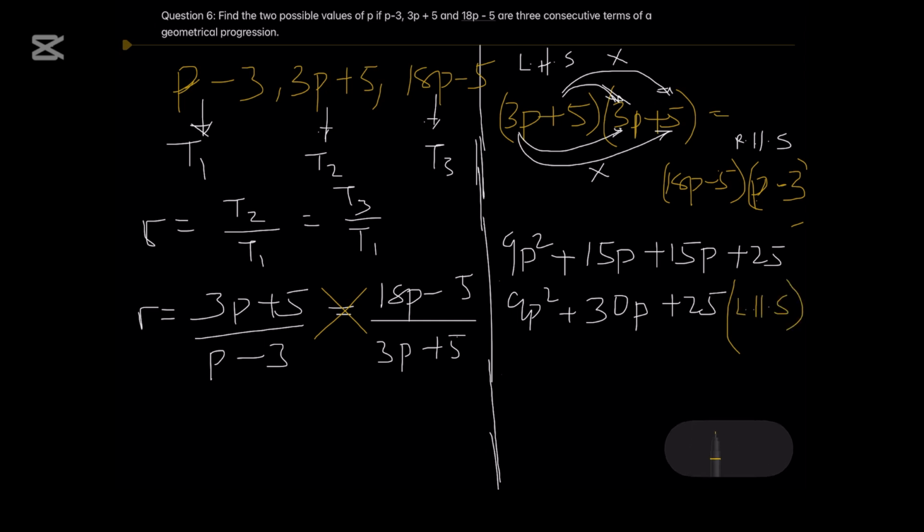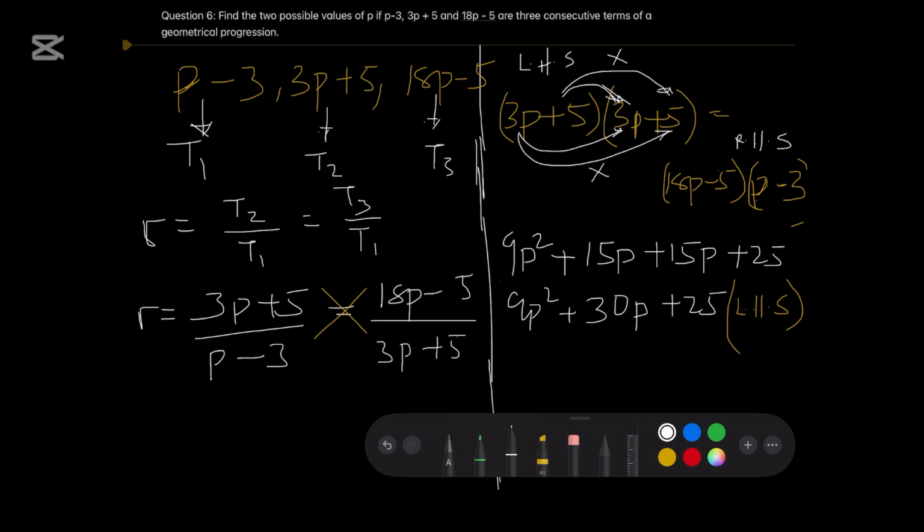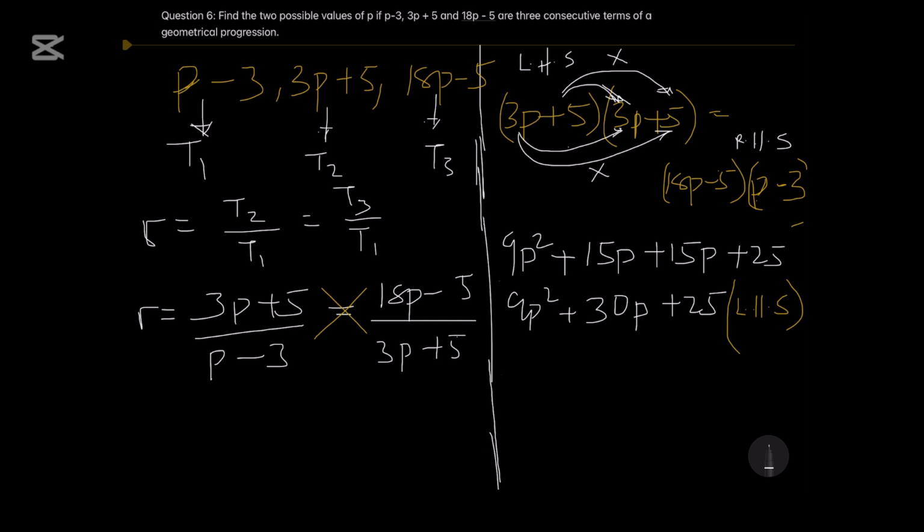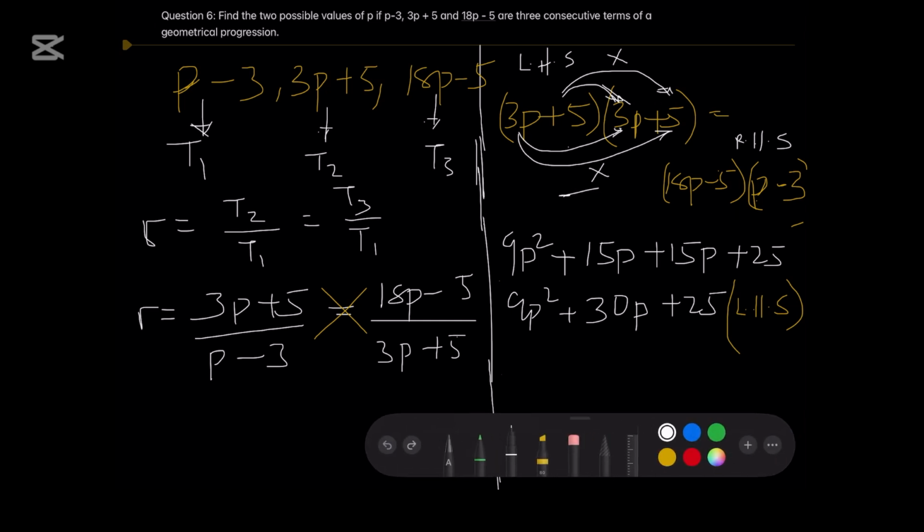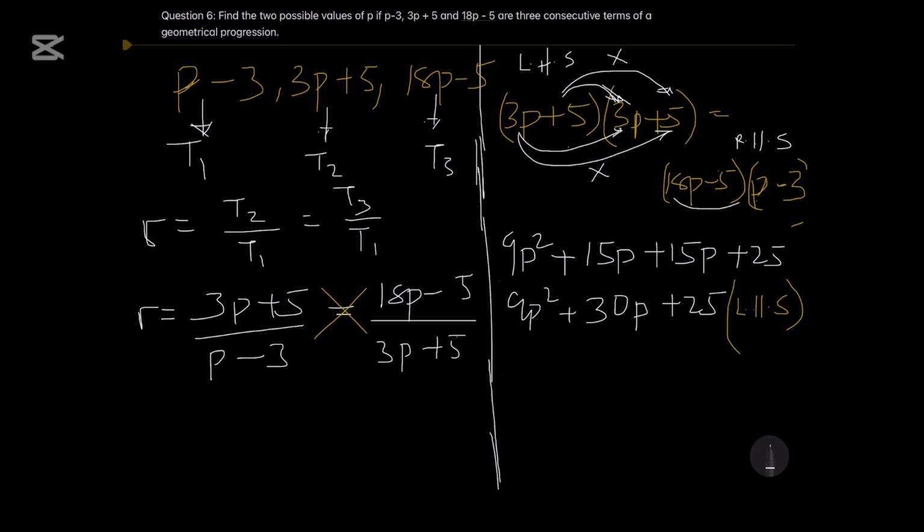So simplifying the right hand side, expanding the right hand side, that is same thing, performing the same rule we did here on this. So we're going to be having, that is, this is multiplying this, this is multiplying this, and same thing like that. So we have 18p square minus 5p.